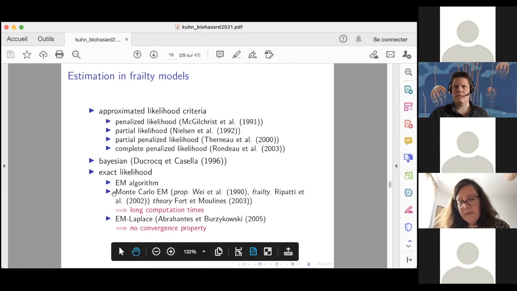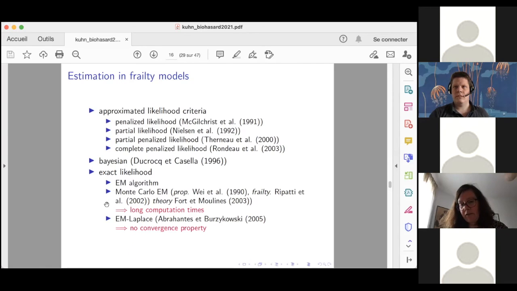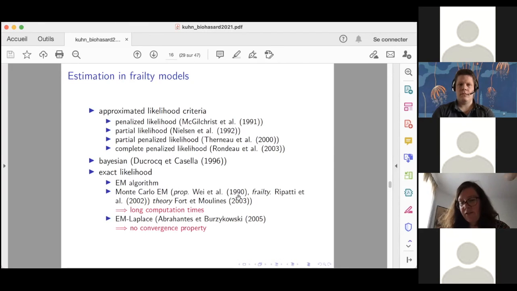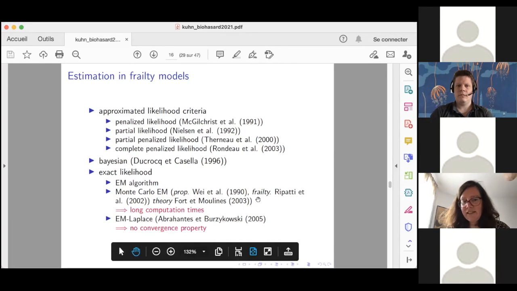So you have to go towards stochastic algorithms. Here, if you consider the Monte-Carlo EM approximation, you approximate the Q function in the E step by some Monte-Carlo sum. Here I write the different references. This algorithm was proposed by this author in 1990 for general models. It was developed in the frailty context by Ripatti and colleagues in 2002.